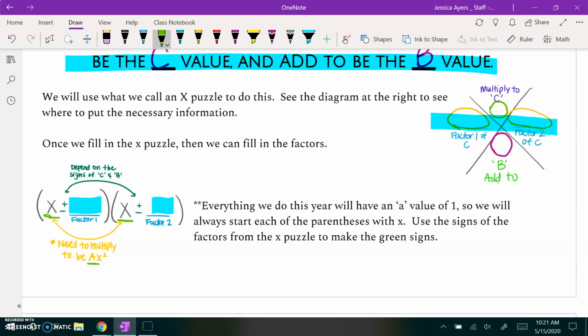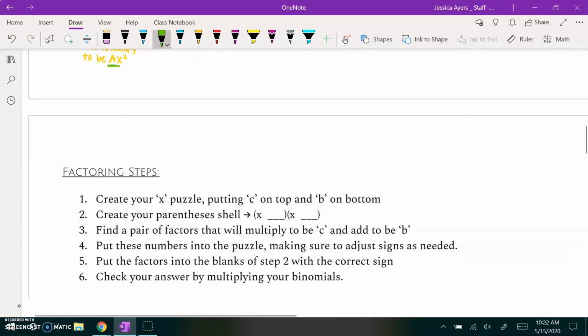In the next couple of weeks, everything we do will have x and x. Next year in Math 2, you'll start looking at what happens when a is not 1. But for now, we're going to keep a 1. And we're going to look for the two highlighted pieces. Now, this all seems kind of weird when it's all in just general form. So let's do a couple of examples.